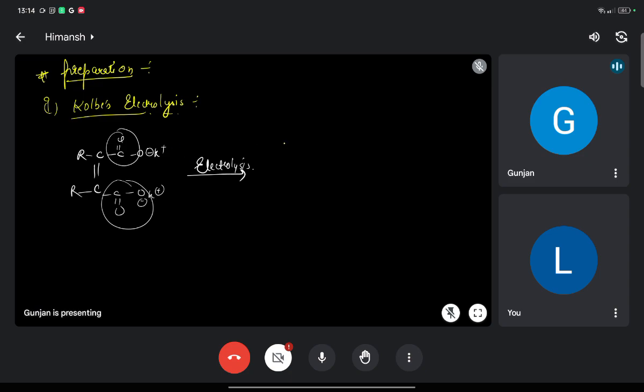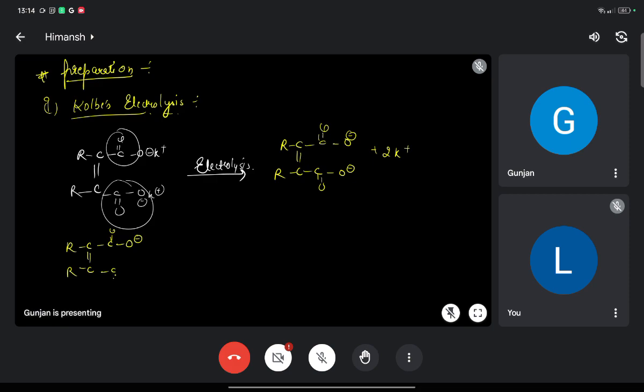So it's an ionic species. This is at the anode. At the anode oxidation will happen, meaning loss of electrons.